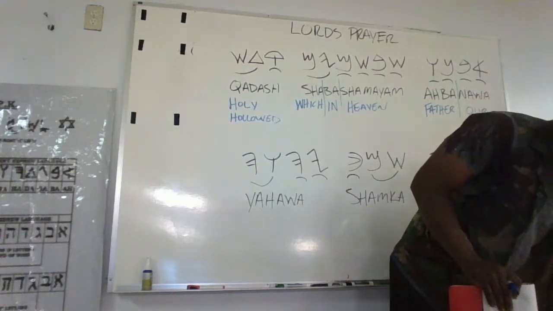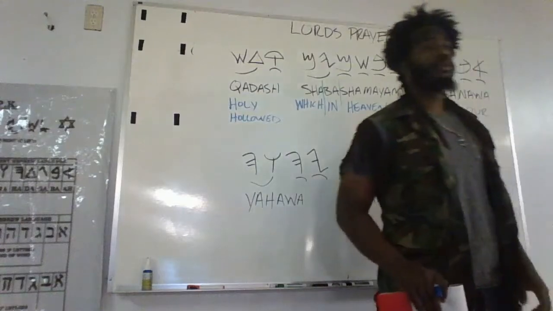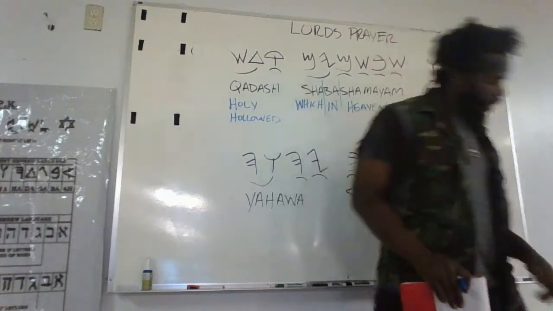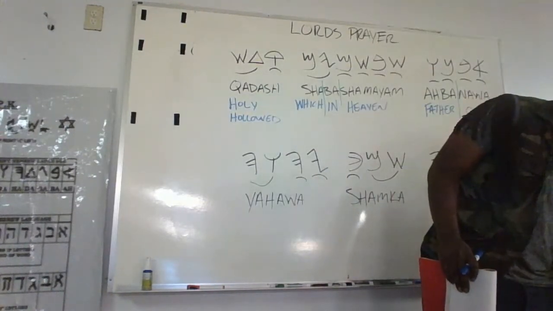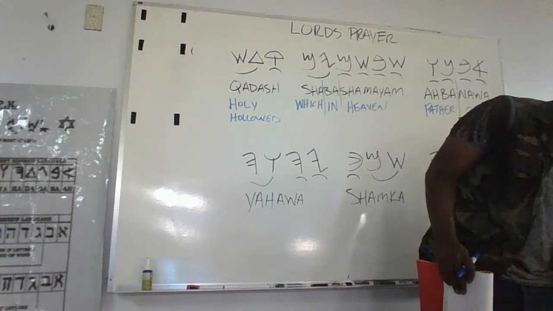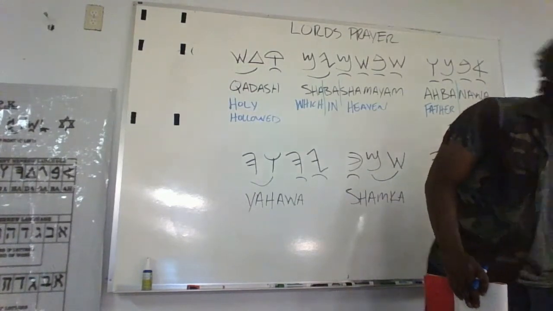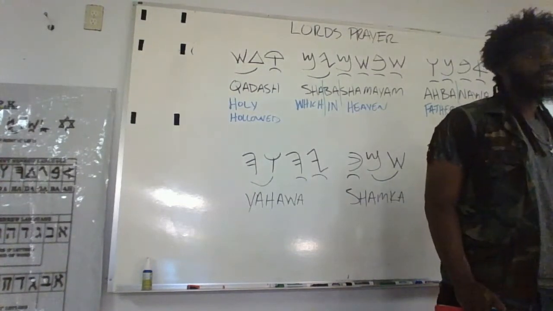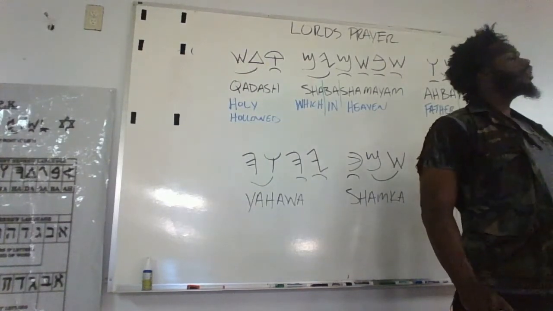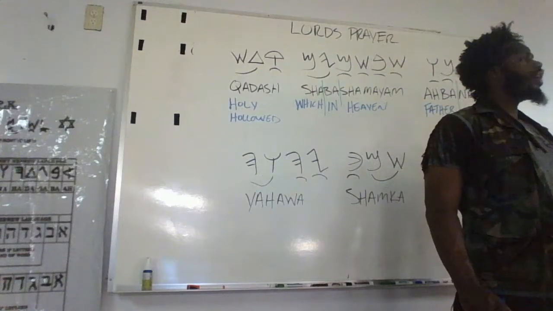Do me a favor. Go to the Blue Letter, go to Exodus 15:2, and go to the interlinear concordance. You don't know how to go to it? Do you have the Blue Letter app on your phone?